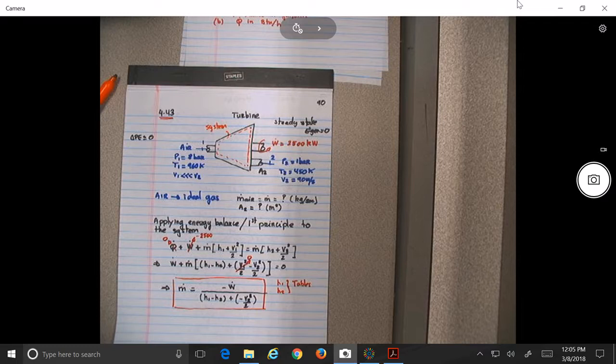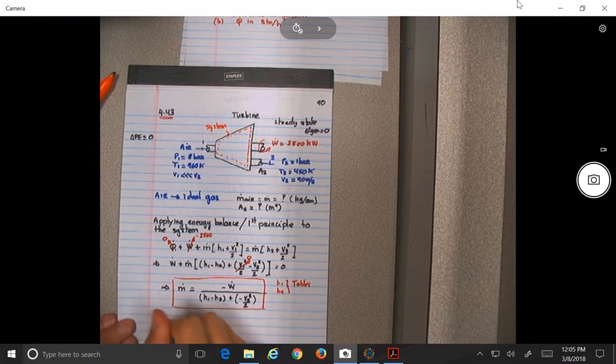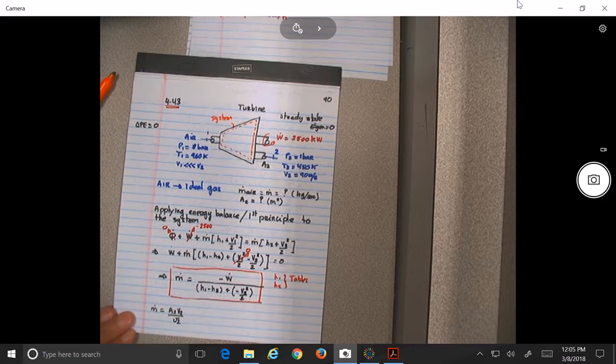Now, okay, to solve for the area, how do you do? What is the definition? Is M equal to A2 V2 divided by v sub 2, no?